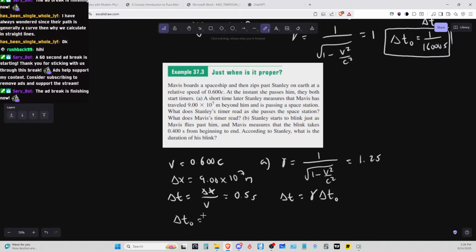It's supposed to be 1 over... So the proper time in this case is like that. Okay. So that over half a second leaves us with 2 seconds.